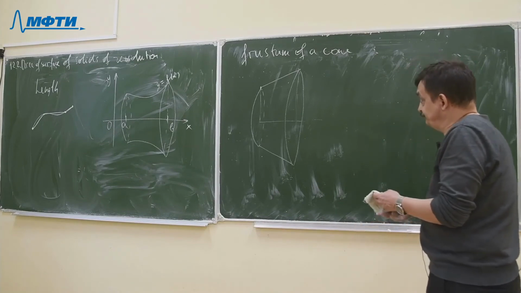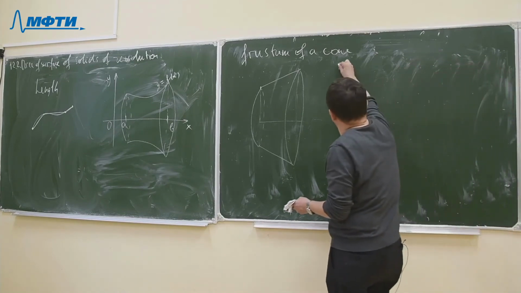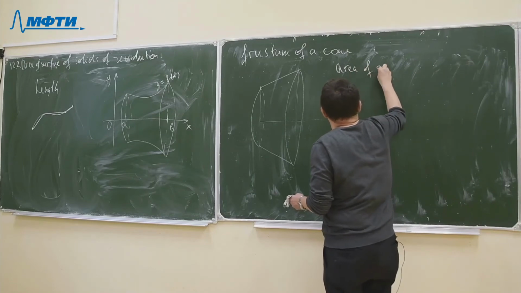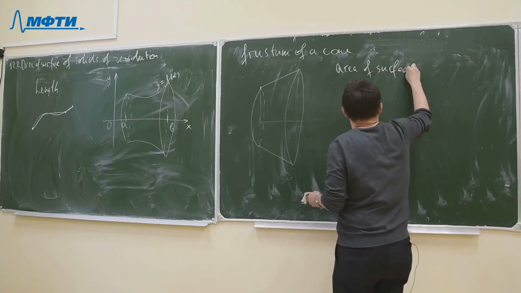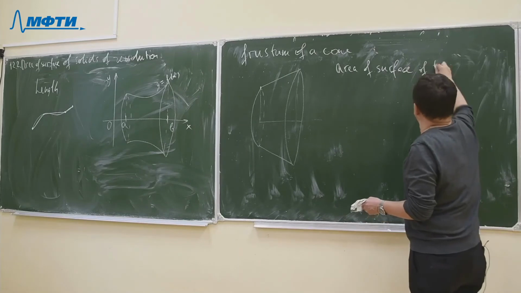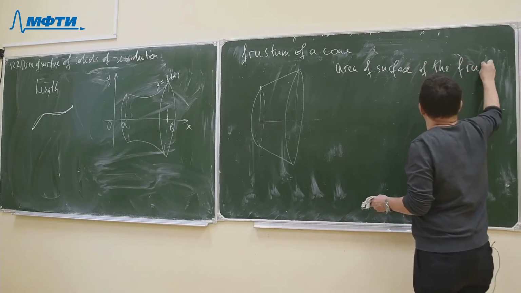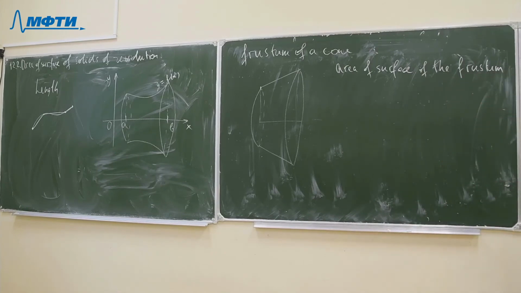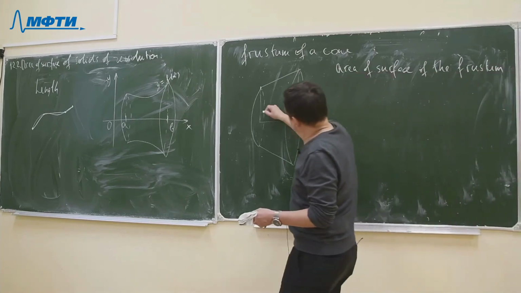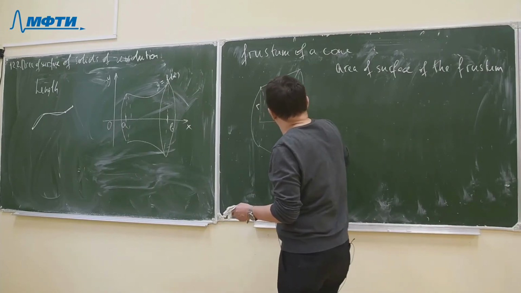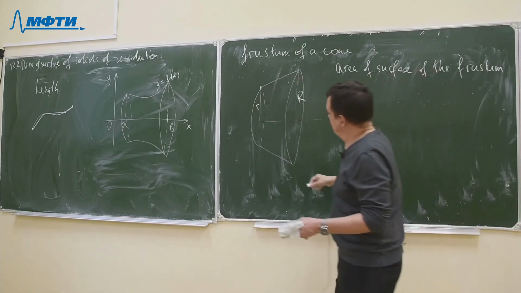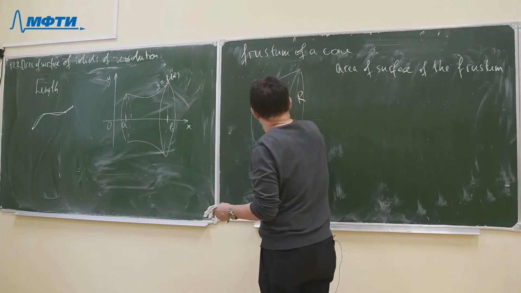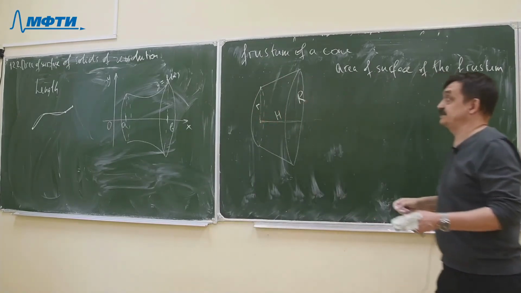Let me start with the area of the surface of the frustum. Okay, let it be R, that is capital R, and the height of the frustum is h.